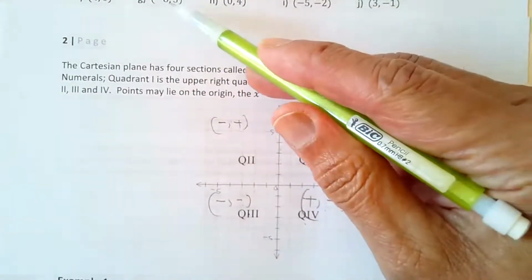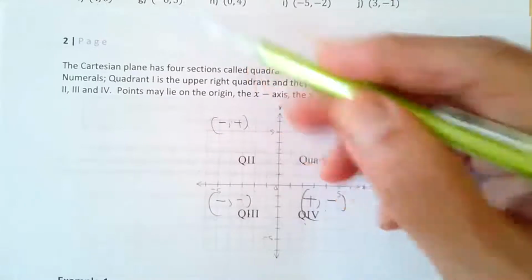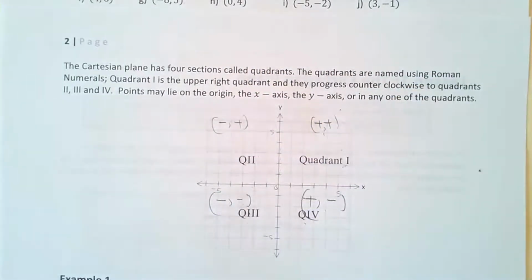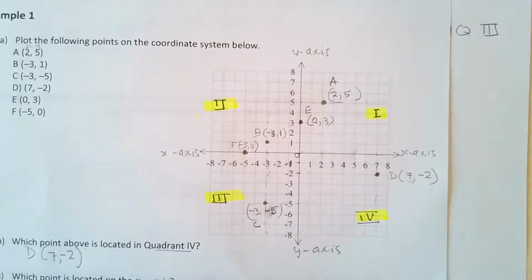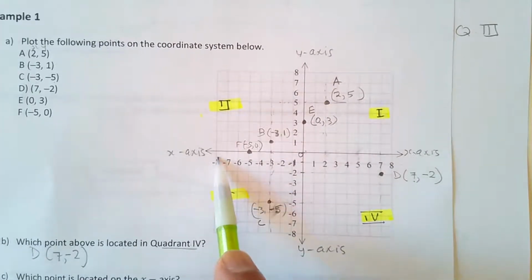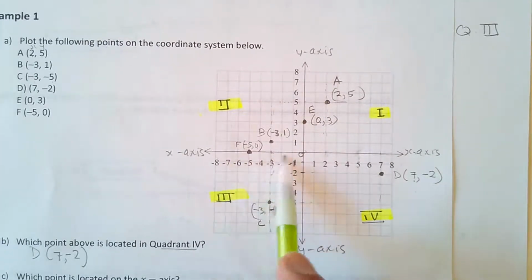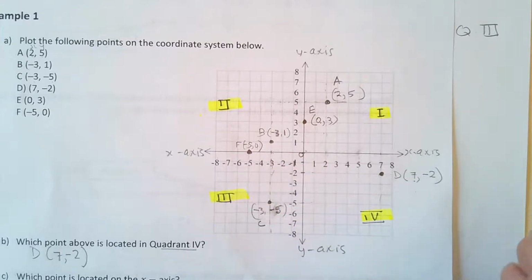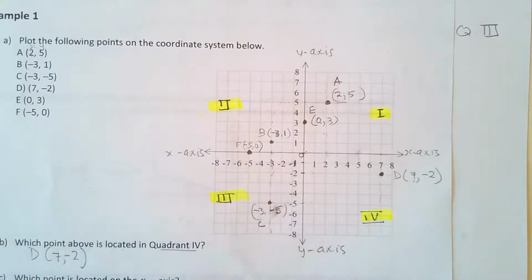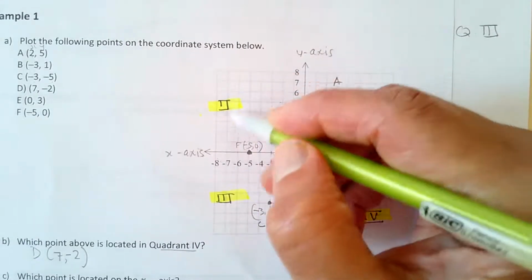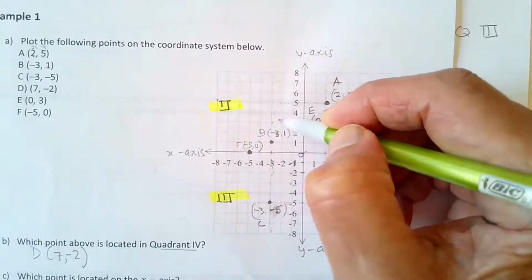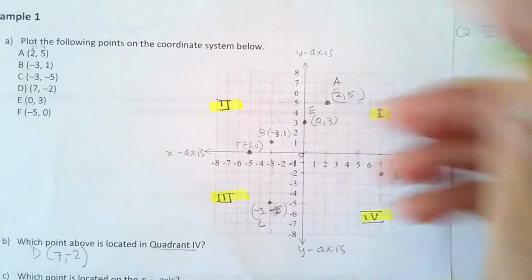For example, negative 8. If you go back to your graph, here we have negative 8 going to the left, and our point is 5. So negative 8, 5 will be right here, which would be in quadrant 2.